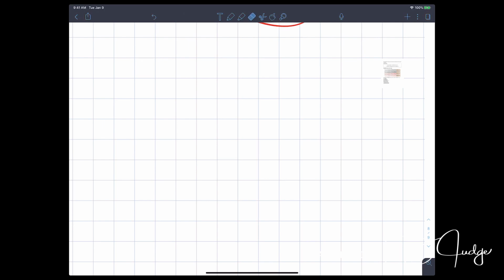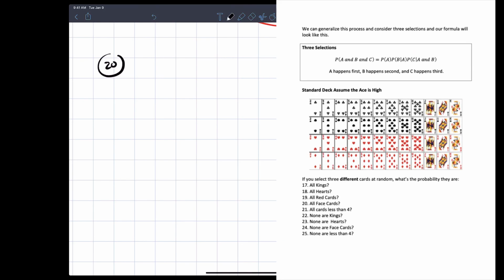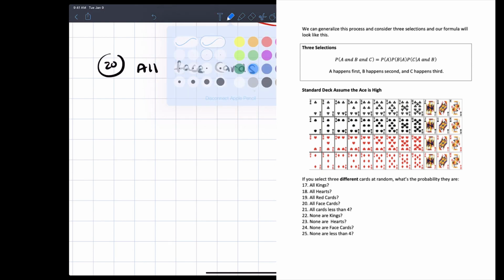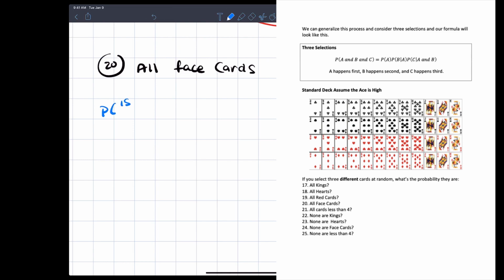Let's see what 20 says. See if you guys are getting the hang of this. That's the idea. 20, all face cards. Since they're all face cards, that's a probability. The first is a face card, and the second is a face card, and the third is a face card.